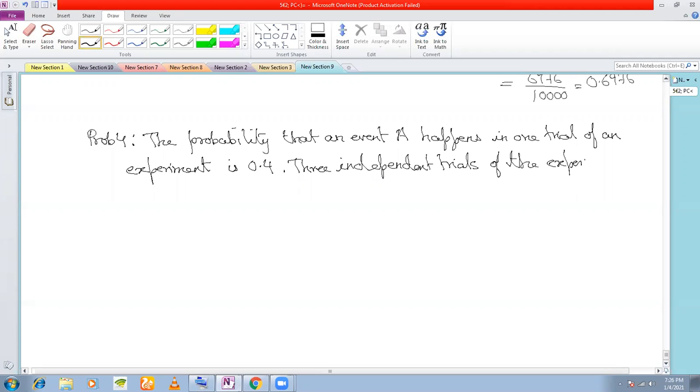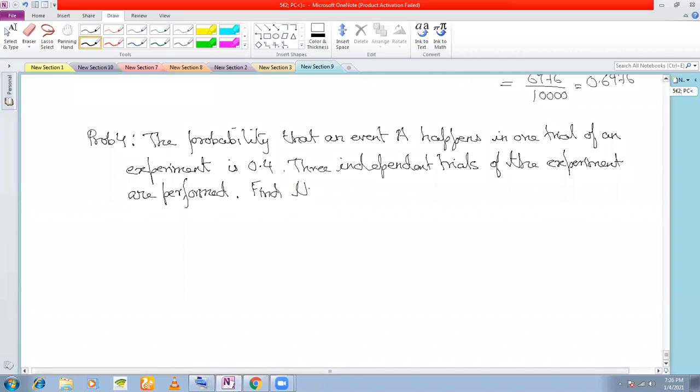What is the value of n? How many trials are there? Let's read the question. 3 trials are there. So n is equal to 3.